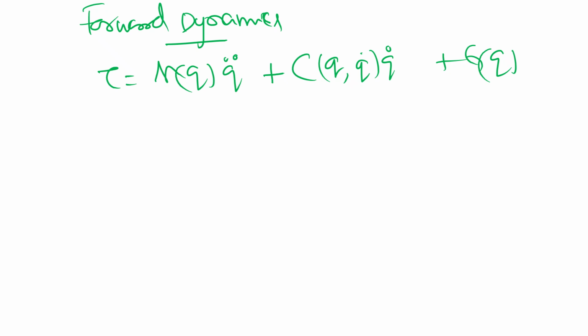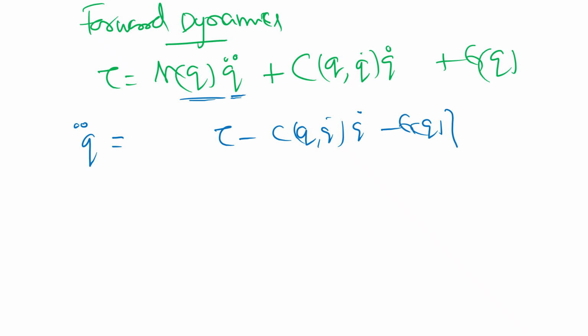But in forward dynamics, you will know the torque, but we don't know the velocity, position, and acceleration. So we have to derive the formula. We have to keep q double dot on one side: tau minus C of q, q dot minus G of q, and then take the inverse.